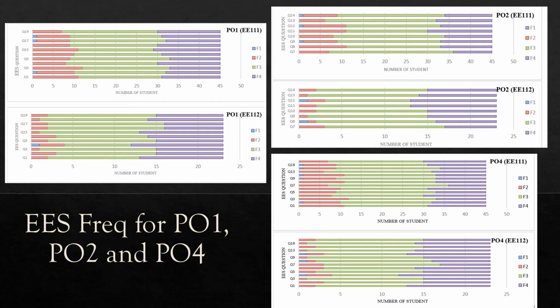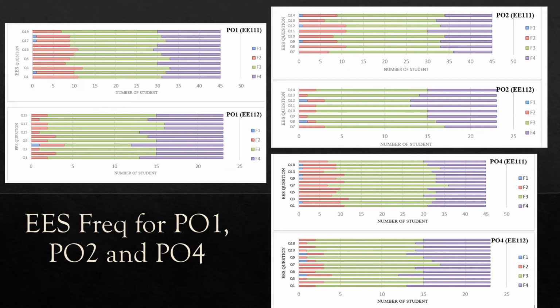This figure shows the entrance and exit survey frequency score for PO1, PO2, and PO4. PO1 assesses the knowledge, PO2 the problem analysis skills, and PO4 the investigation skills.